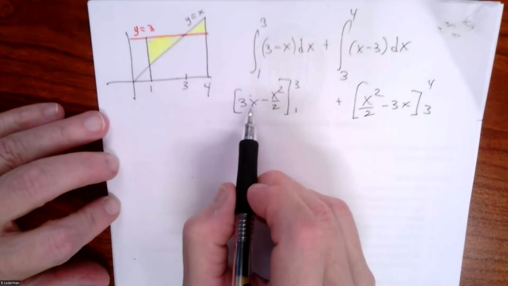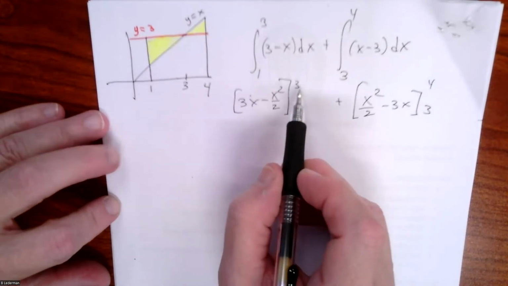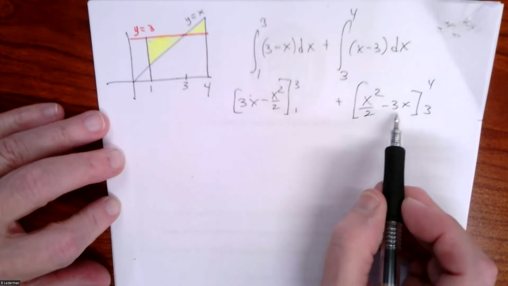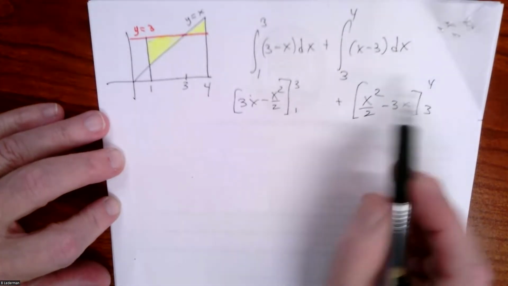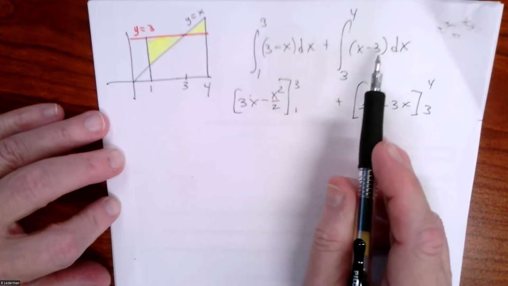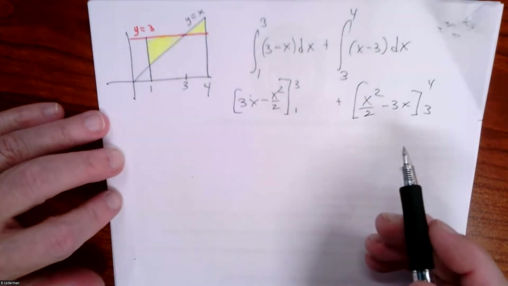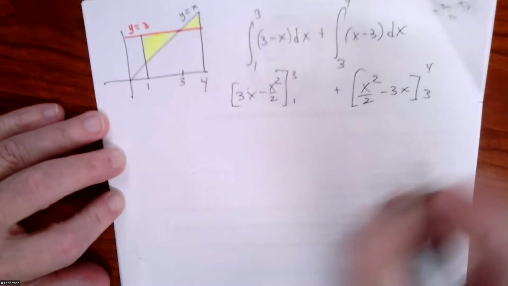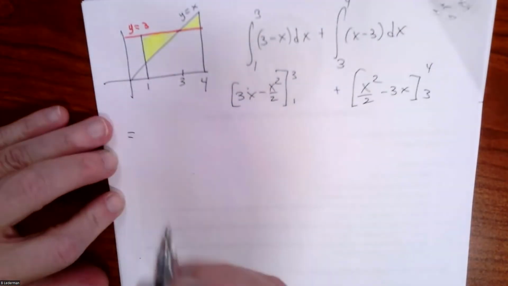So here I have 3x minus x squared from 1 to 3, and here I have x squared over 2 minus 3x from 3 to 4, because these are the antiderivatives of what I have inside the integral. Now it's just a bunch of substituting.